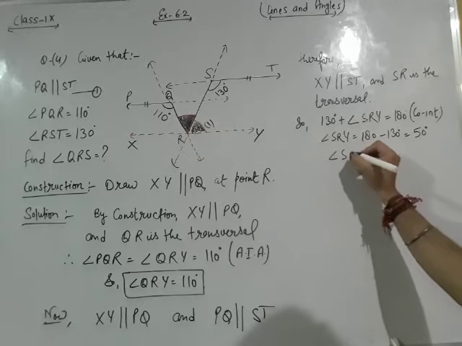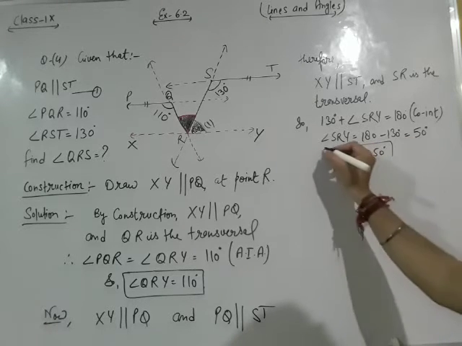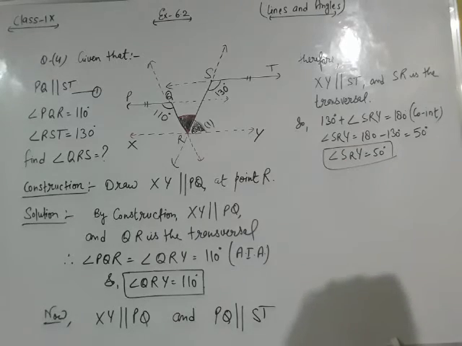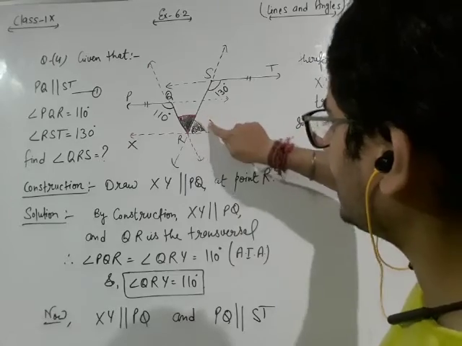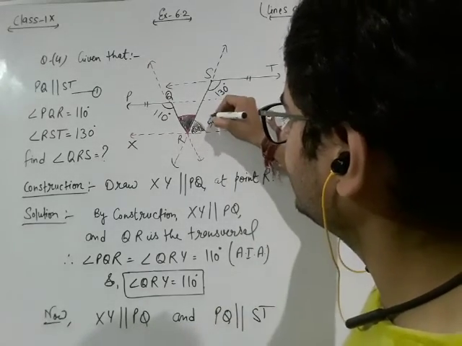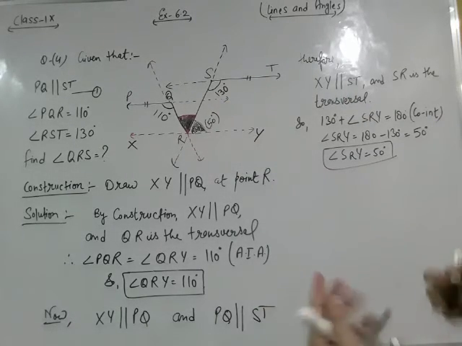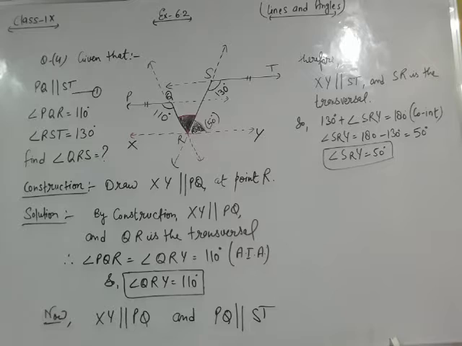So angle SRY is equal to 50 degrees. But we don't have to find angle SRY. So this angle which I have marked with 1 is equal to 50 degrees. Now our 80% of the question has been solved.